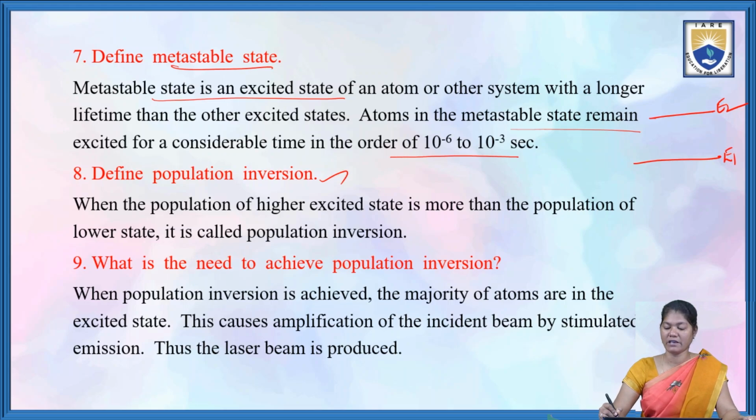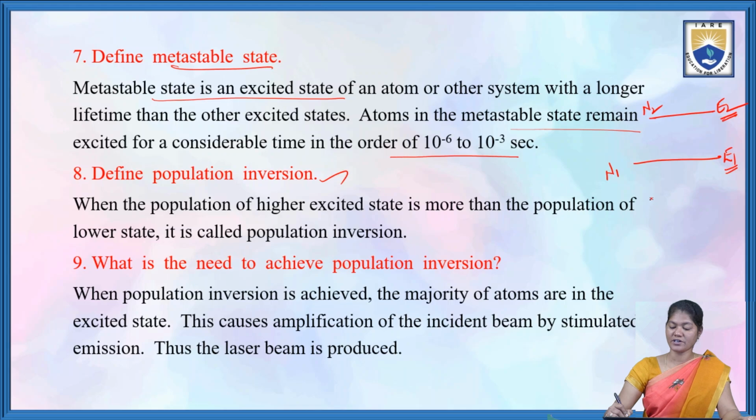Suppose E1 is the ground state and E2 is the excited state. Let N1 be the number of atoms per unit volume in the ground state, and N2 the number of atoms per unit volume in the excited state.